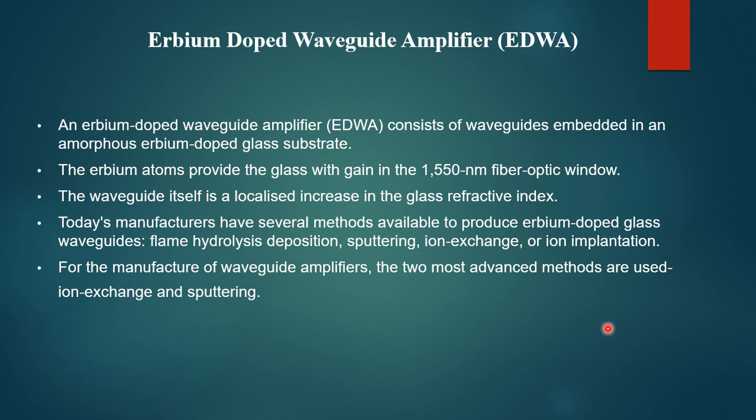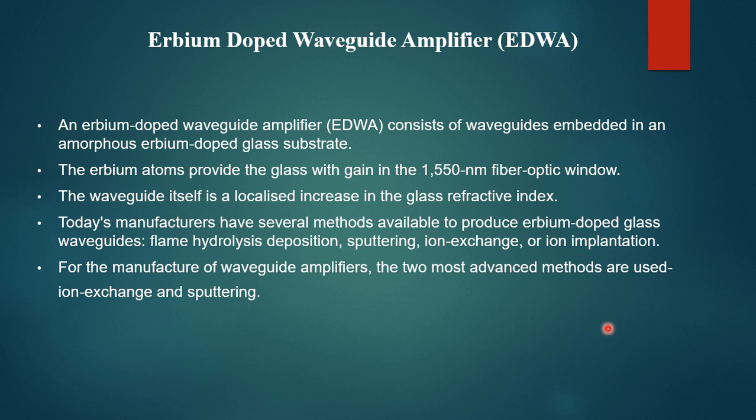The next one is the erbium doped waveguide amplifier. It is an optical amplifier that uses a waveguide to boost the optical signal. Amplification is achieved by stimulated emission of photons from dopant ions in the doped fiber. The pump laser excites ions into a higher energy level from where they can decay via stimulated emission of photons at the signal wavelength back to the lower energy level.